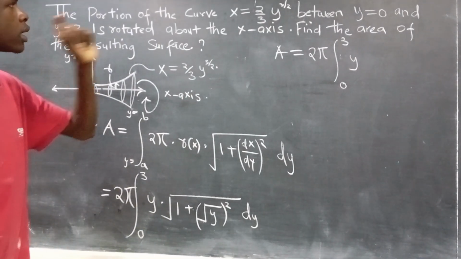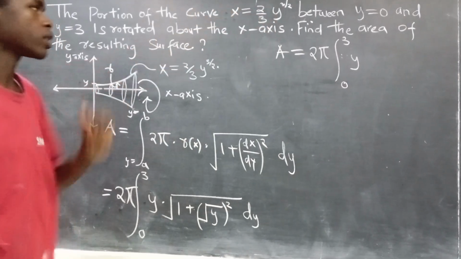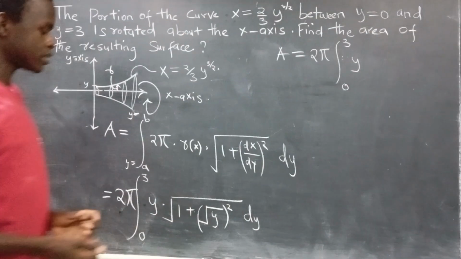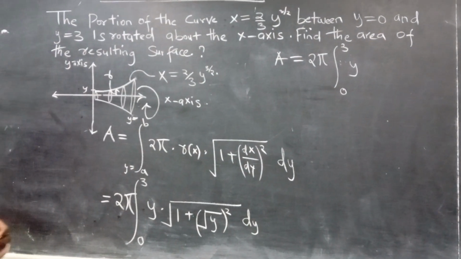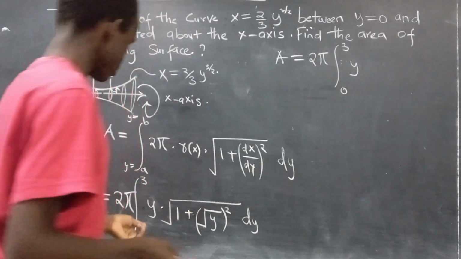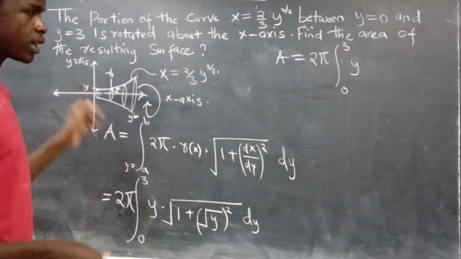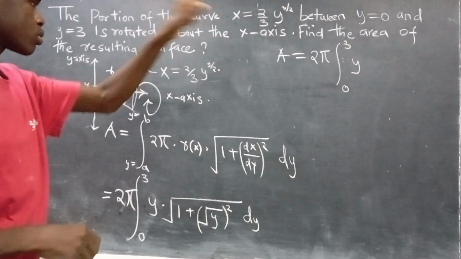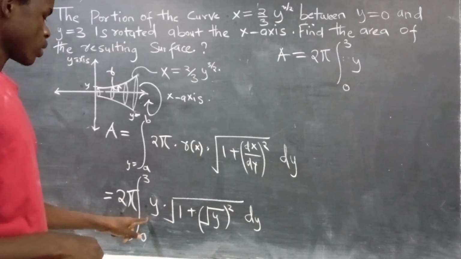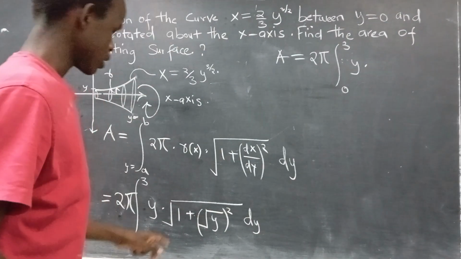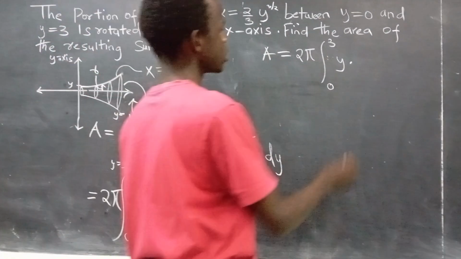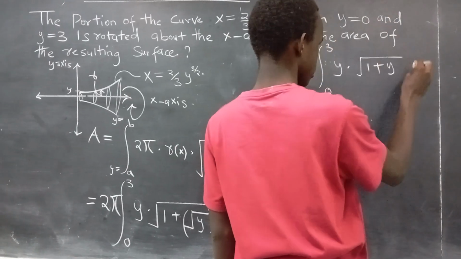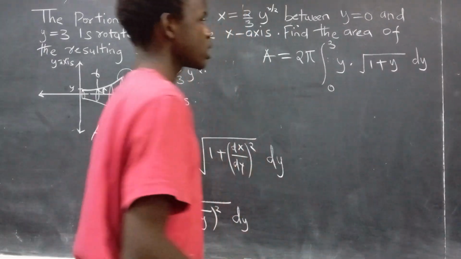Suppose I was told y is x cubed, I could have placed my x cubed here, but for now I'll just place my y to show my value of y, because we have a method of substitution that requires this, so we won't be replacing that. So I'll get y multiplied by the square root of 1 plus y, dy. It's with respect to y.